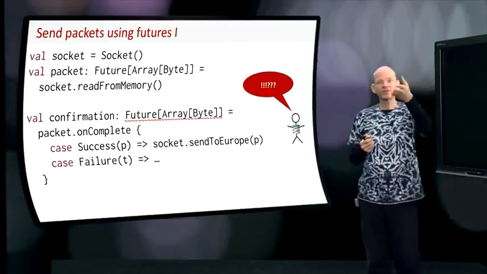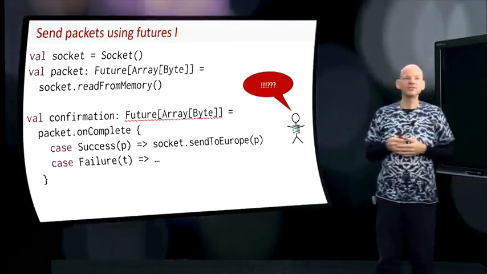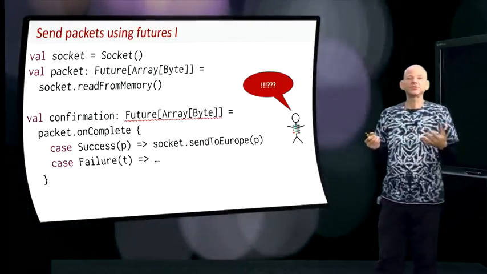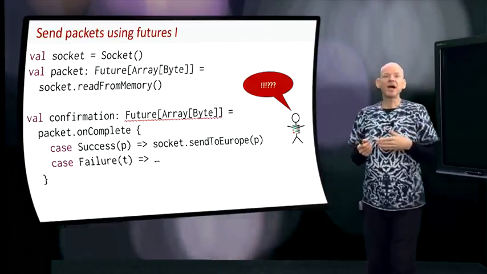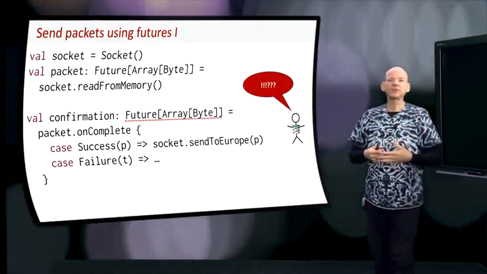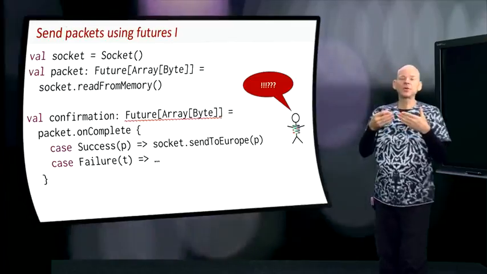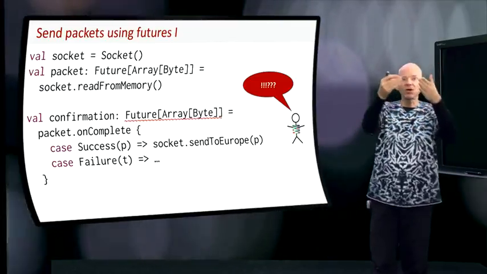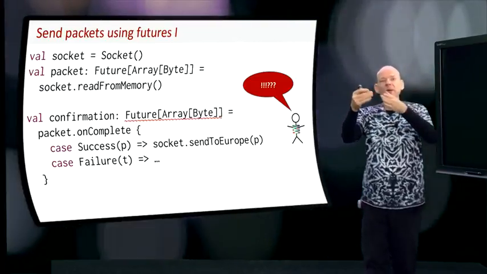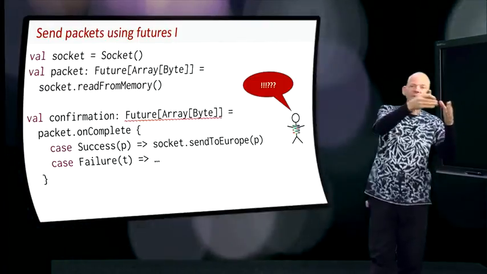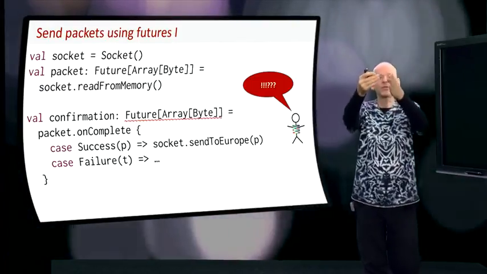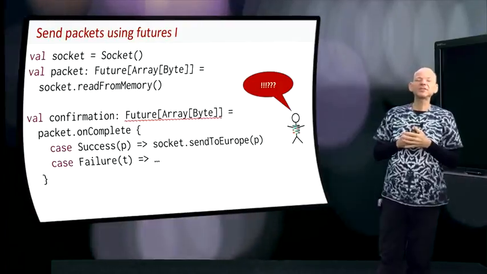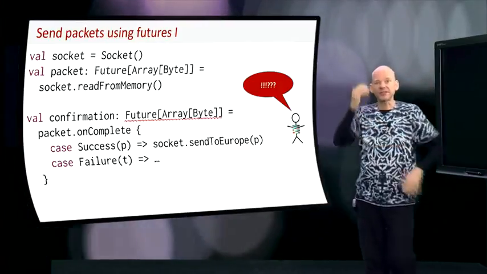Because first, calling readFromMemory is easy, because we get a Future of Array of Bytes. But now we have to do packet.onComplete. But onComplete took a callback that took a Try[T] to Unit. But what we want is a confirmation that is a Future of Array of Bytes.